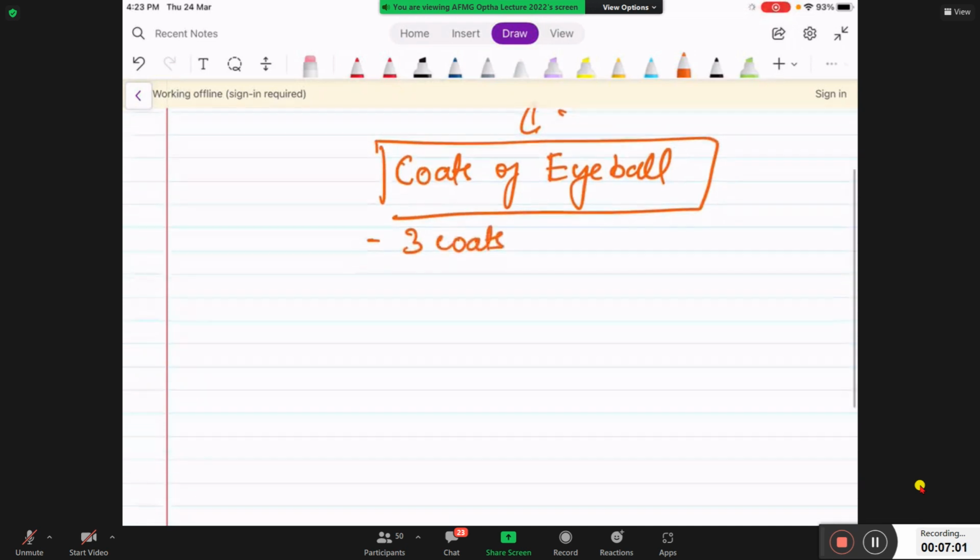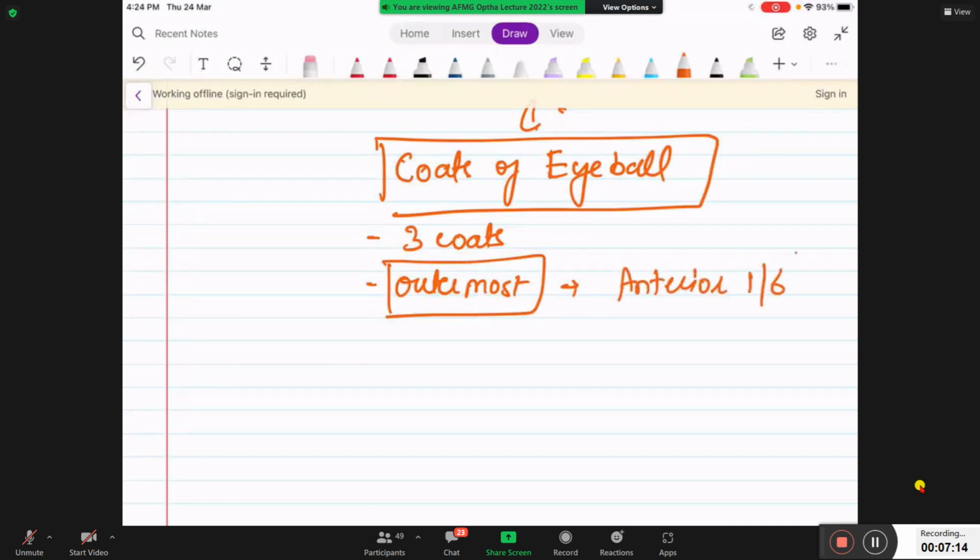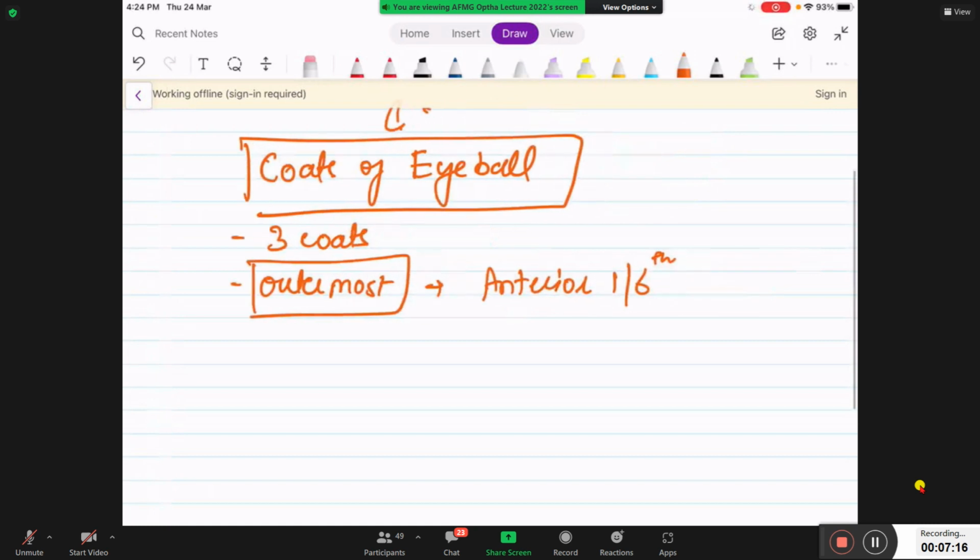The outermost coat is divided into anterior 1/6 part, which is called your cornea. Right? Remember, this cornea is transparent.